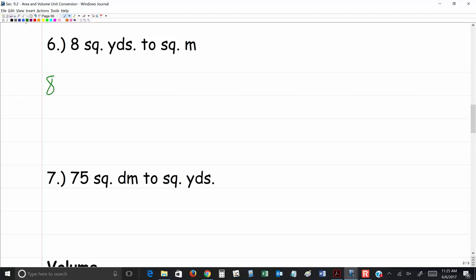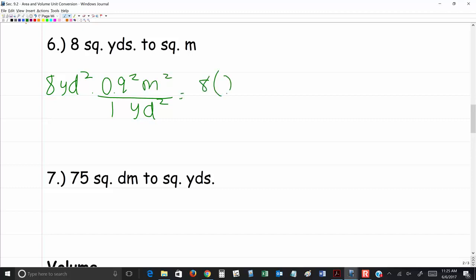So we have 8 square yards and 1 square yard would equal 0.9 squared square meters. So we're going to multiply 8 times 0.9 squared, which is 6.48 square meters.